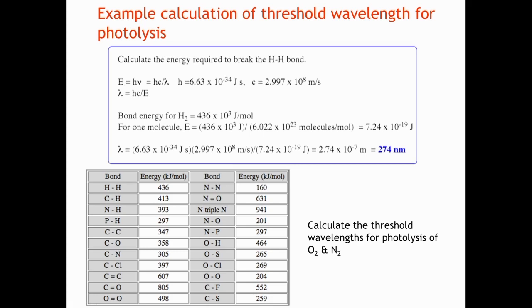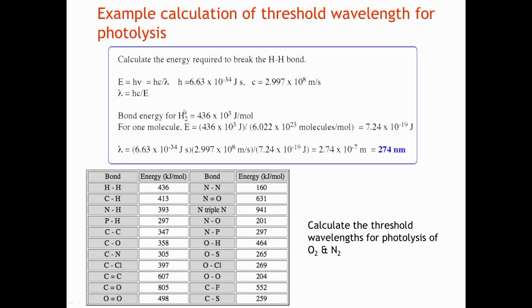Okay? You familiar with Planck's constant? So Planck's constant times the frequency. So that's Planck's constant times the speed of light divided by the wavelength. That means that the wavelength is Planck's constant times the speed of light divided by the energy.